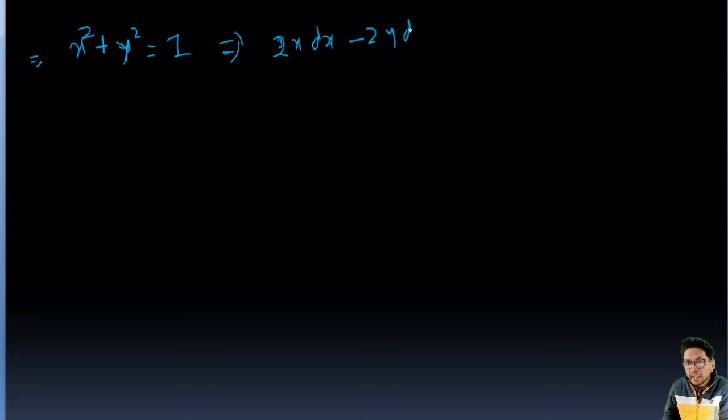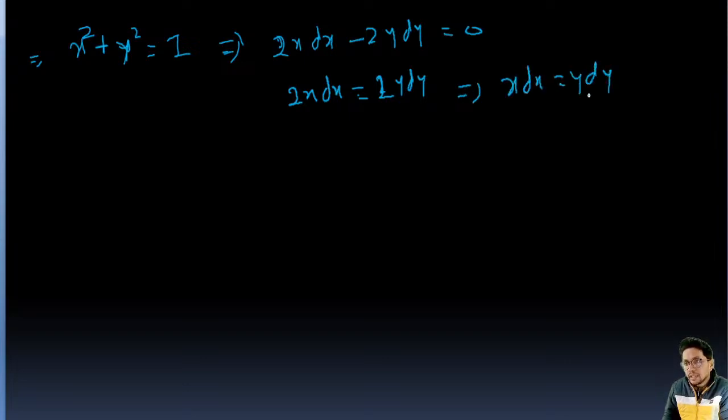The differentiation of 1 is 0, since it is a constant. So it is 2x dx plus 2y dy equal to 0, which gives x dx equal to minus y dy. This is equation number 1.